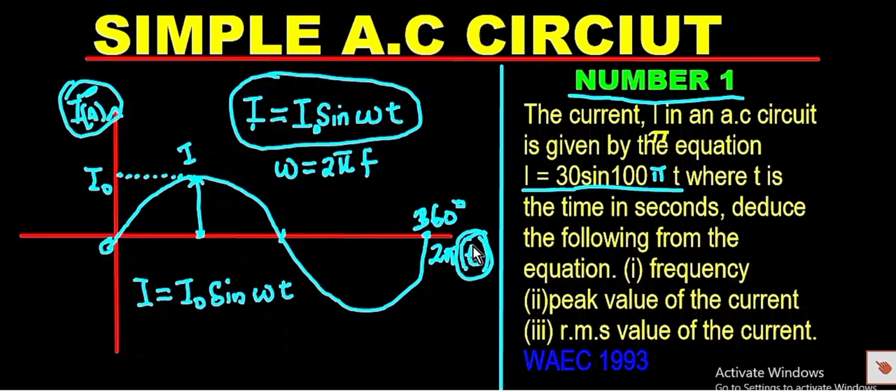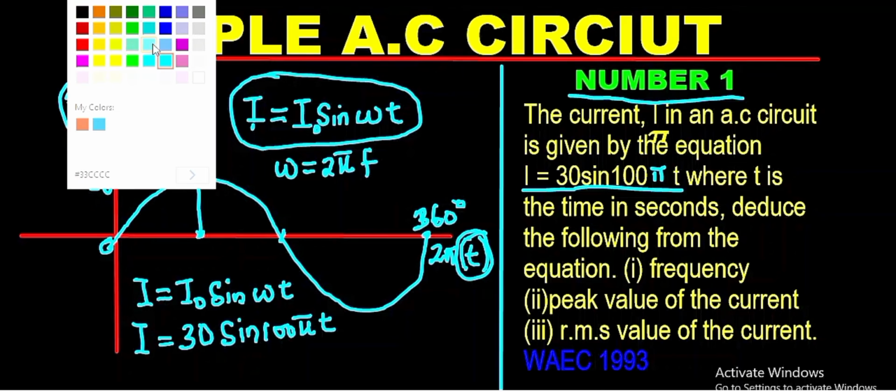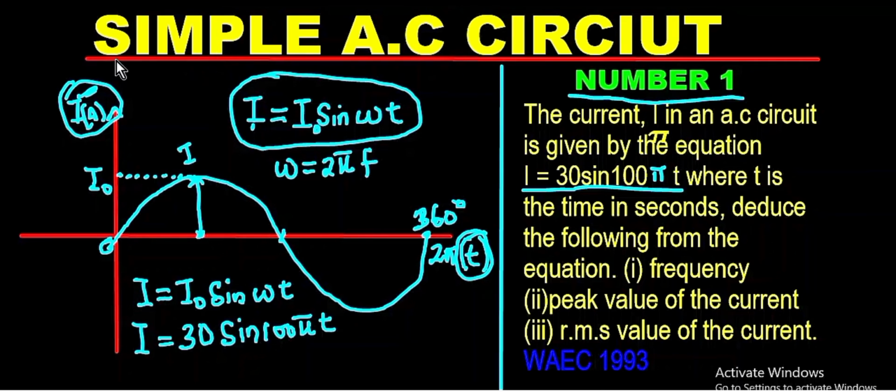You will realize that it is very similar to the one they gave us in the question, which is 100 pi t. So if you check very well, something is looking like something, and at this point we are going to do a comparison.